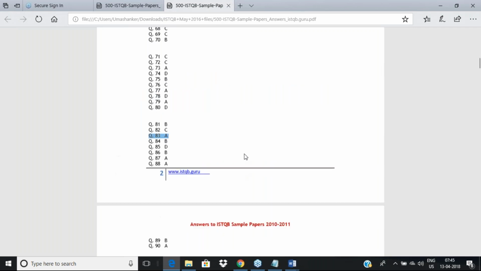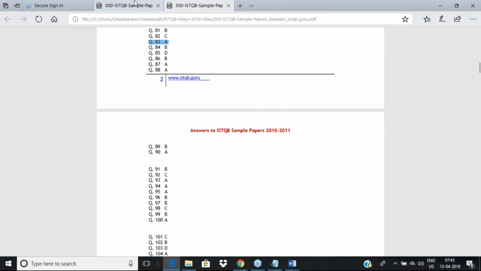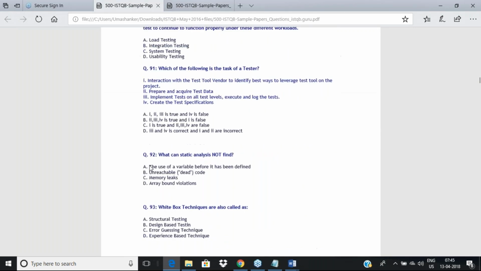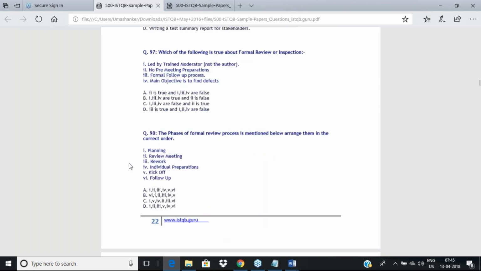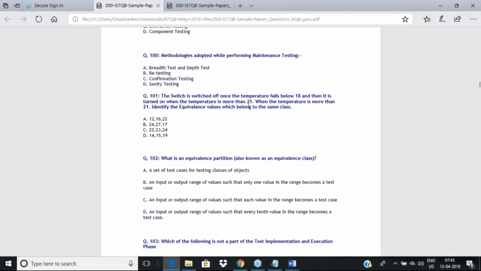101. Okay, I'm reading the options. The switch is switched off once the temperature falls below 18, and then it turns on when the temperature is more than 21. I think we have seen this similar statement.